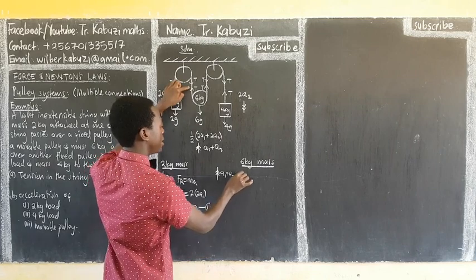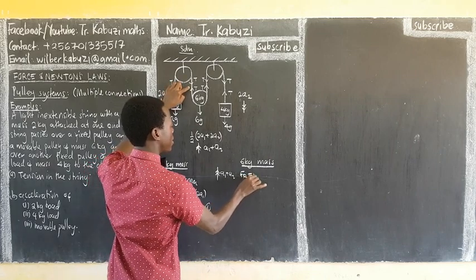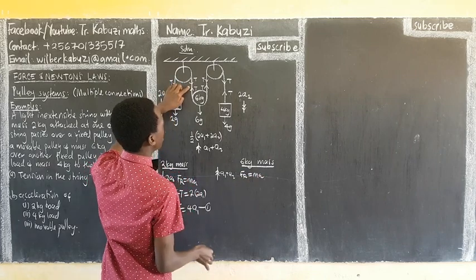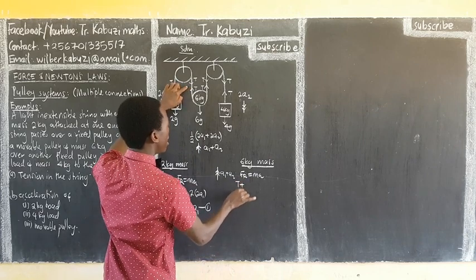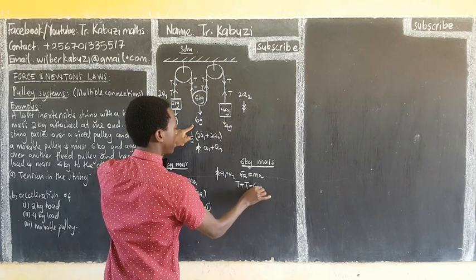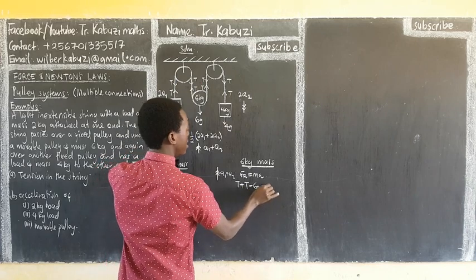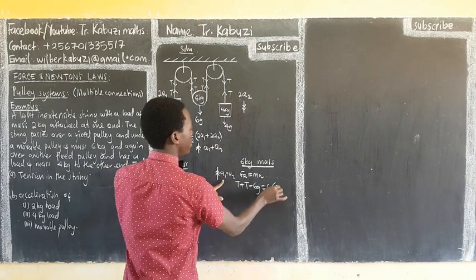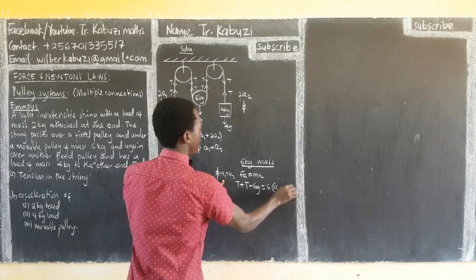We have t. Our resultant force is going to be the mass and the acceleration. So we have t plus t, minus this one, which is opposing, going down, 6b, equal to the mass 6 times the acceleration, which is a1 plus a2.